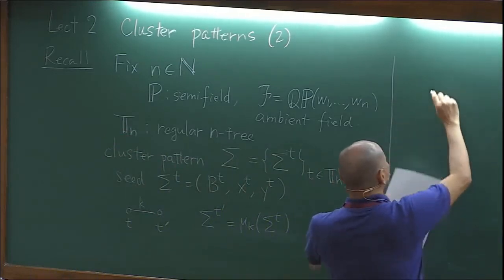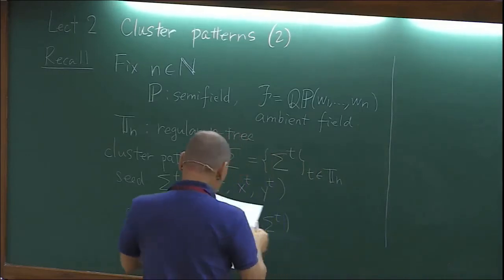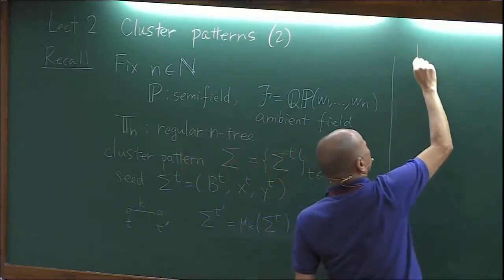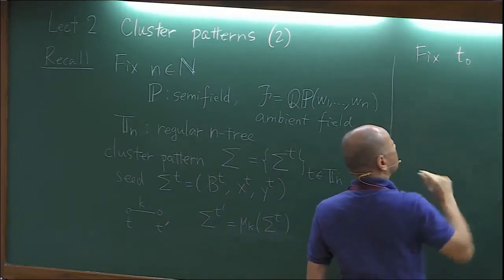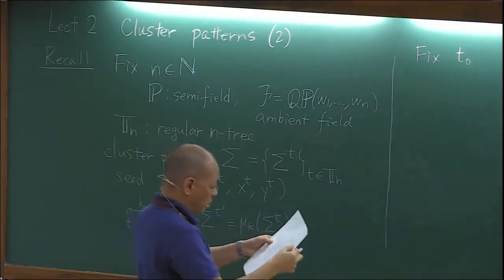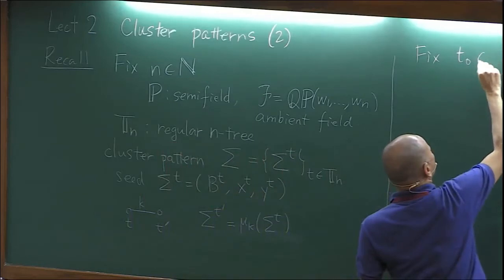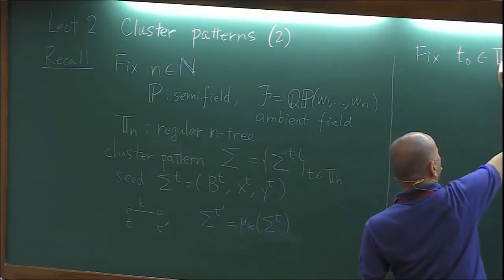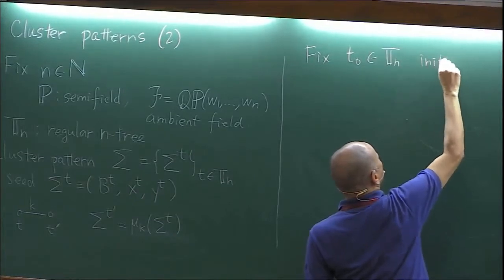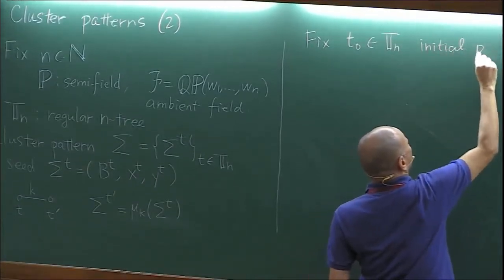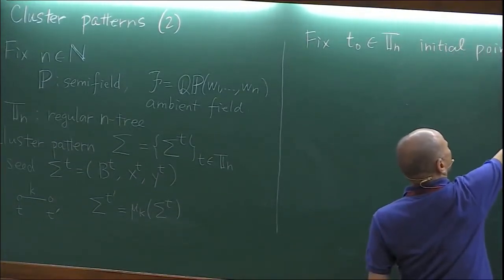But anyway, I'm going to explain the separation formula, and for that purpose, you now need to fix some particular point of your tree graph. It's an arbitrary choice, and it is called the initial point of the graph.